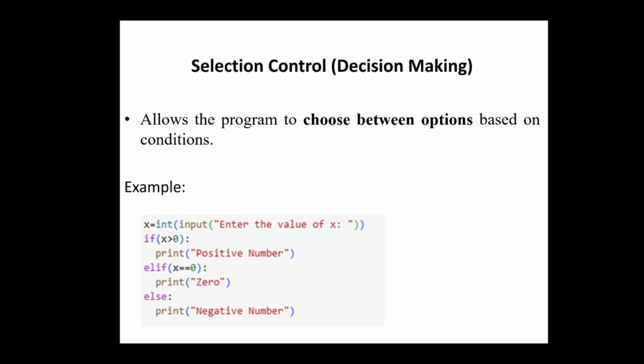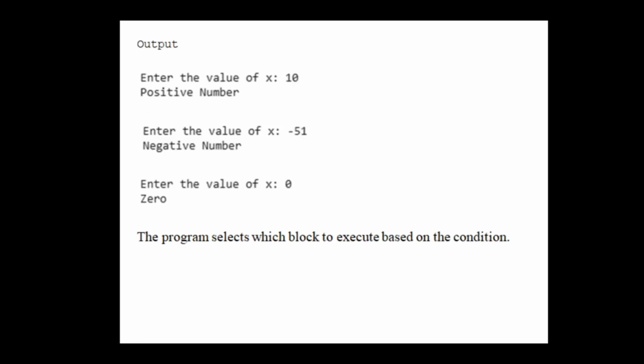So every time, based on the value of x, either positive number, or 0, or negative number will be displayed. The program selects which block to execute based on the condition. These are the outputs.